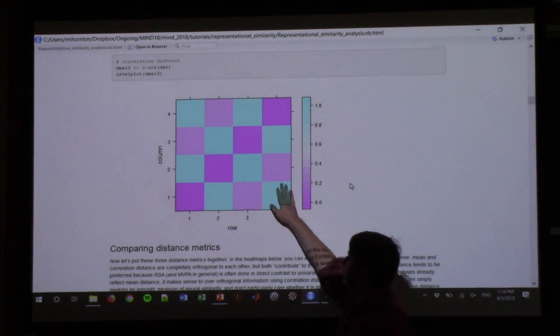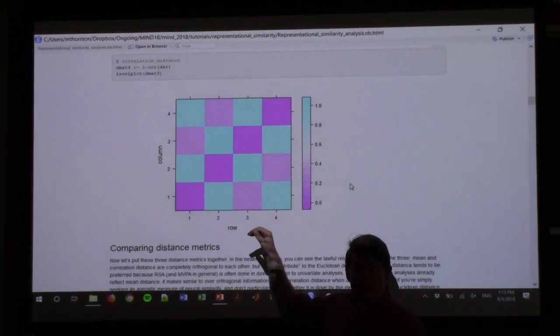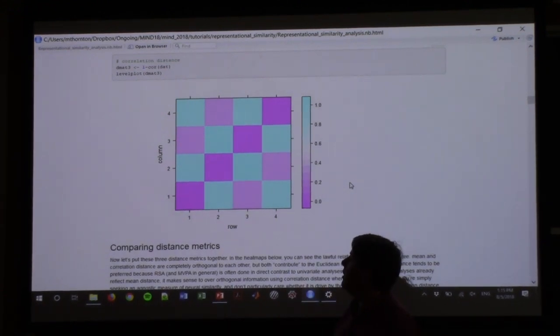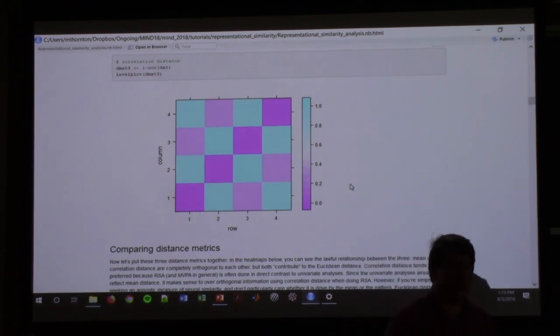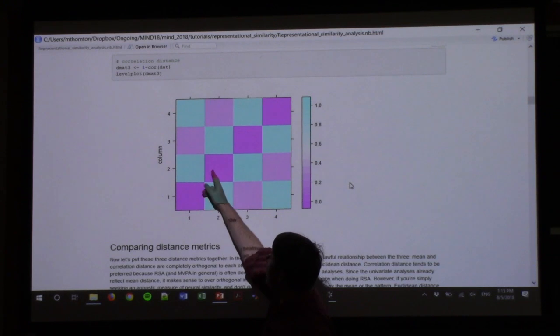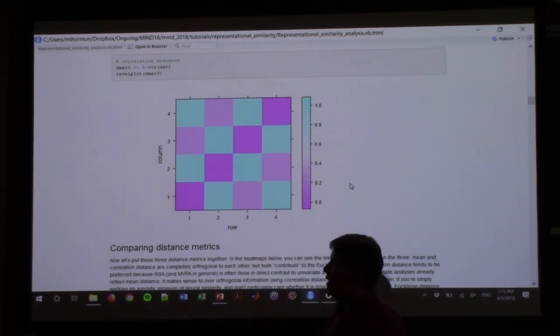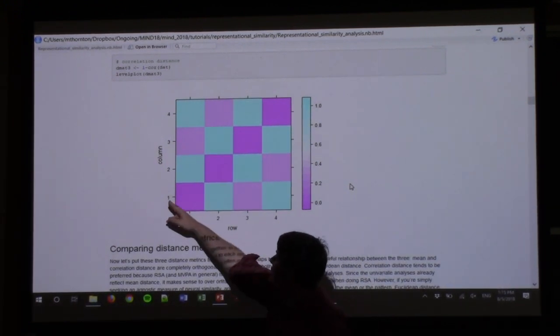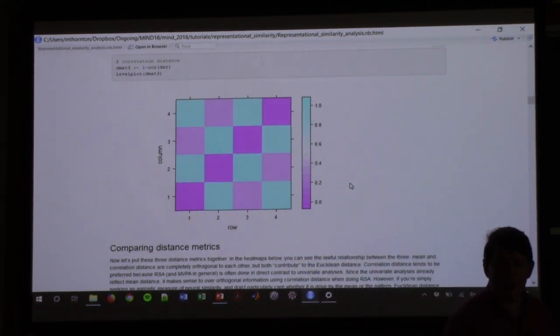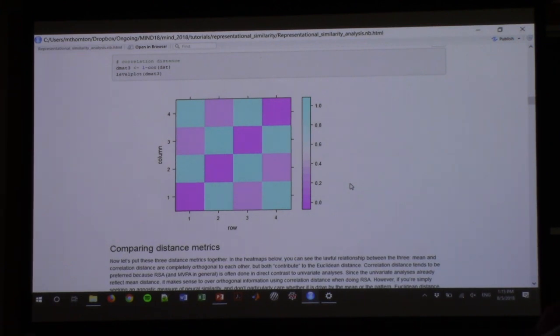Conditions 3 and 4 have similar means, but they are actually very far apart in correlation space, because the particular sequence of ups and downs doesn't match up. In contrast, if you compare condition 1 to condition 3, which are mismatched in mean distance, these are actually quite similar, because although the means are far apart, they go up and down together across this activity series, across this pattern.